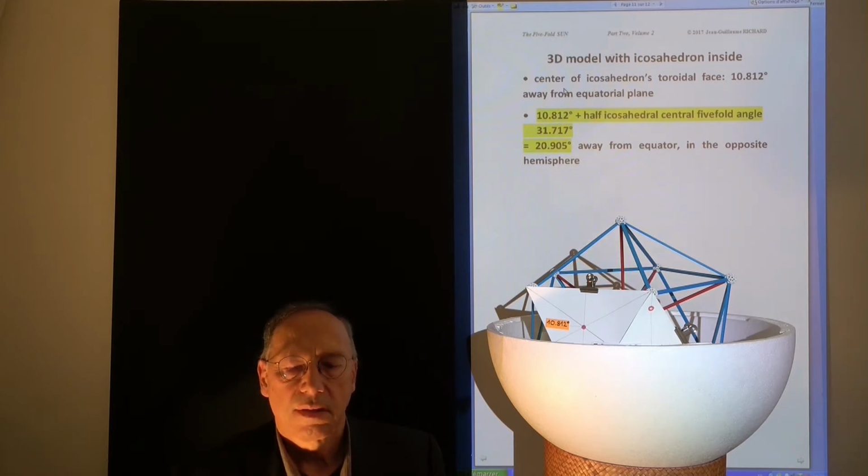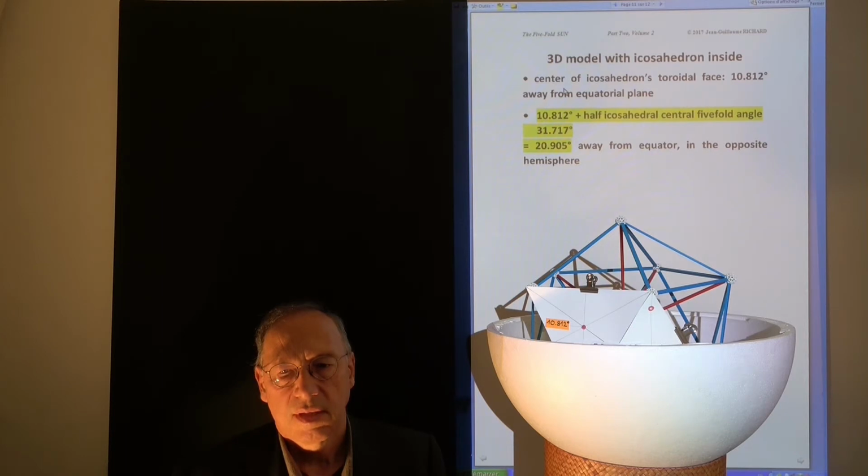Shown here is the center of the face having its tip in the southern hemisphere, the center of this face at 10.812 degrees, as is found from trigonometry.